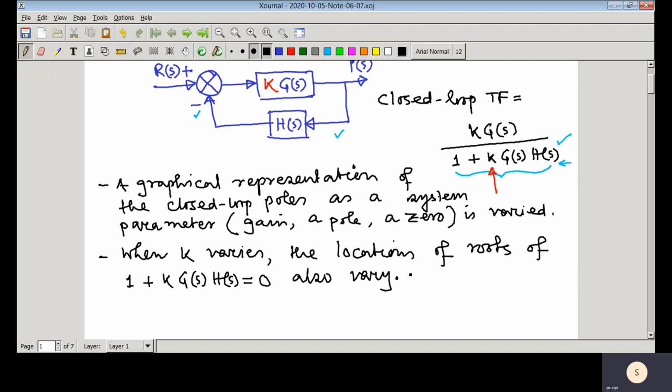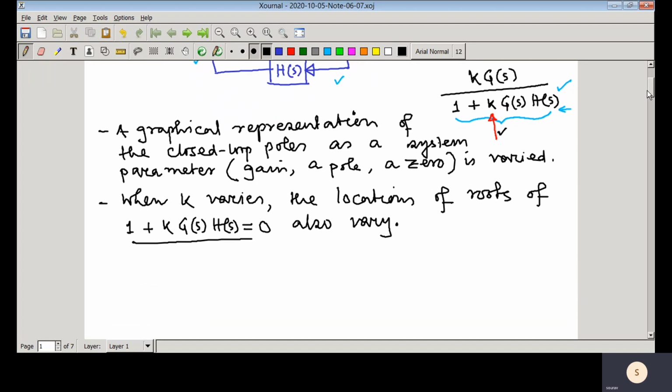So whenever K is varied, the roots of this characteristic equation, which are actually the closed loop poles, also vary. If we plot those closed loop poles as K is varying, that is the root locus. The plot of varying roots is the root locus.